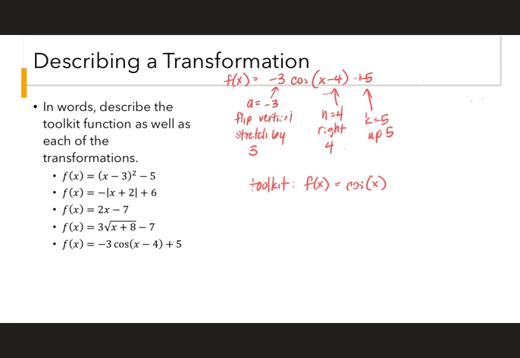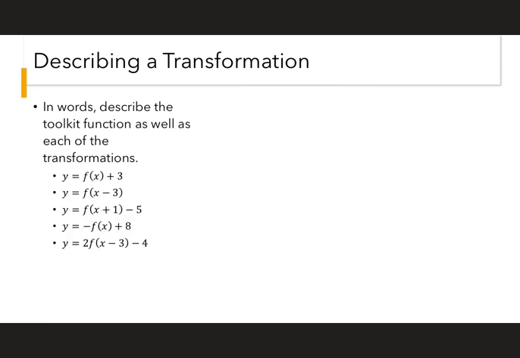Okay. So those are the 3 major transformations we're going to focus on for now. We will come back to that c value when we need it. I don't have to know what the functions are even. We can describe all of these transformations, we just don't necessarily know what the toolkit function is, right?